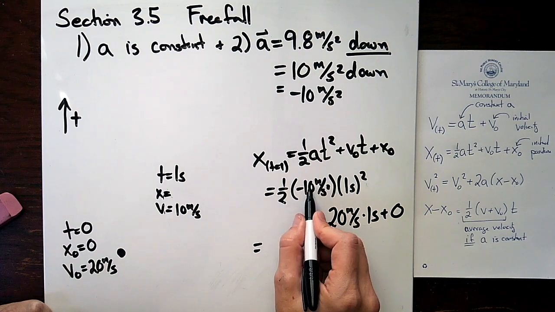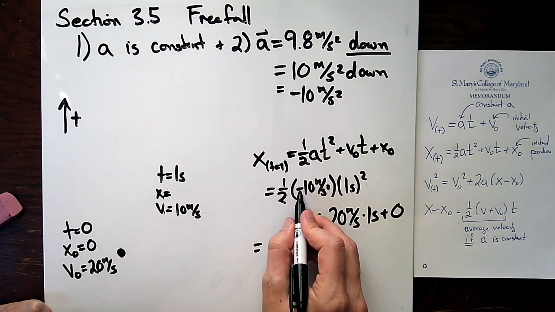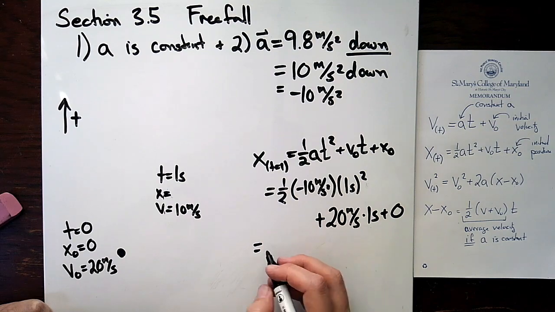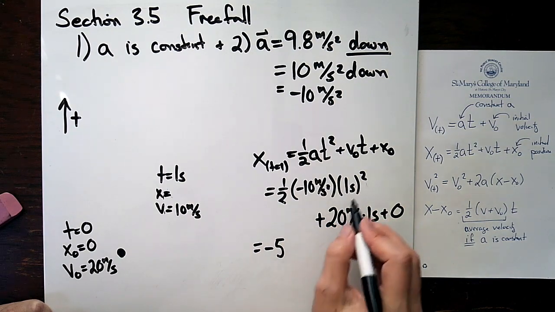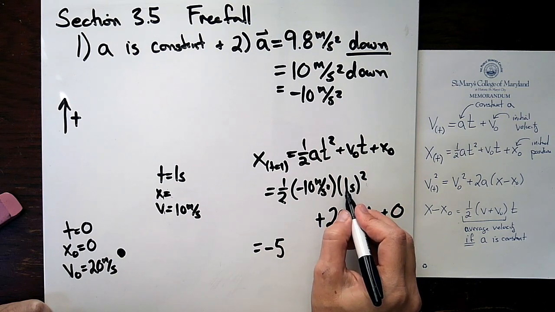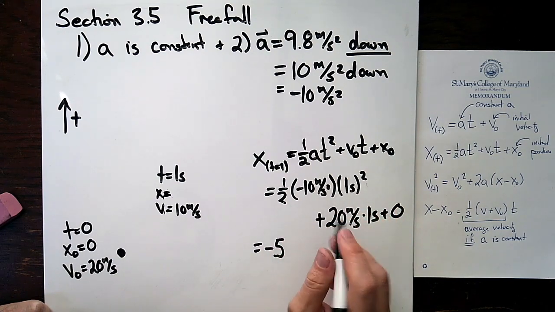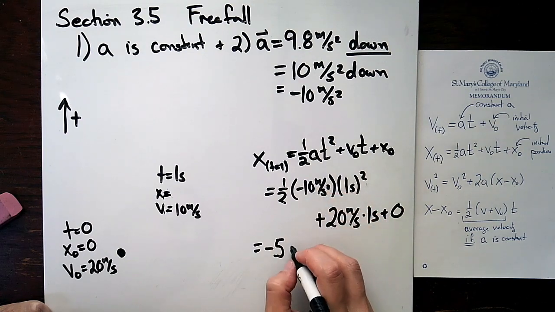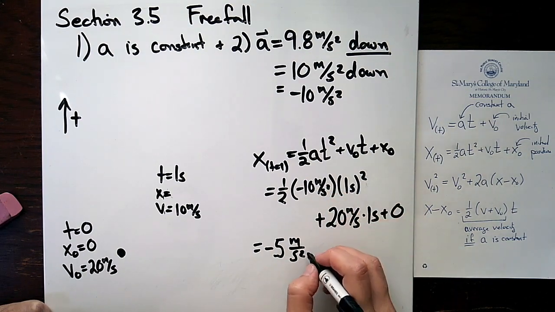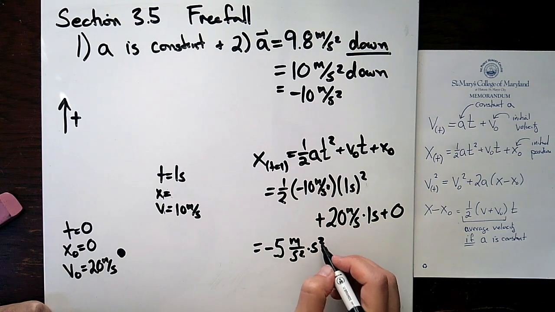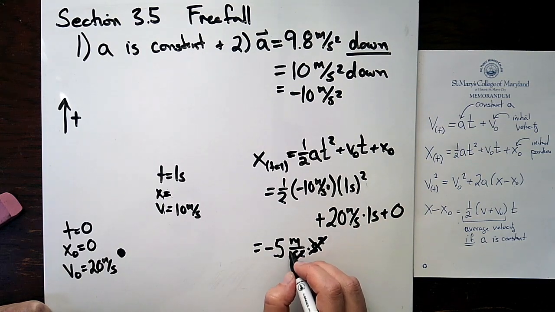So what do we have? 1/2 times negative 10 is negative 10 divided by 2, or negative 5, multiplied by 1 squared. 1 squared is 1, and 1 times 5 is still 5. Okay, so we're good on the numbers. And now the units. Meters per second squared, multiplied by seconds squared. The seconds cancel.